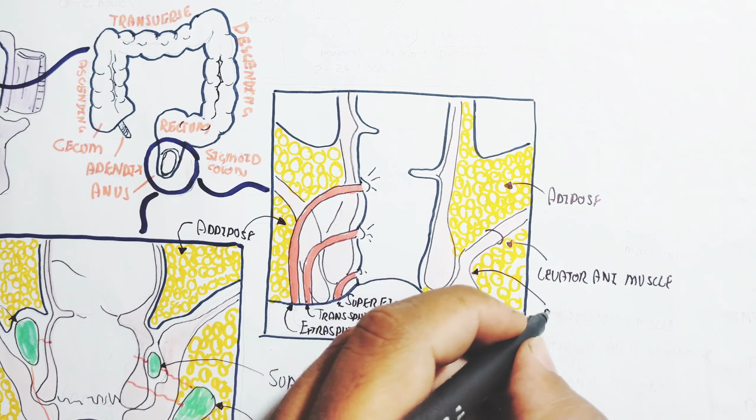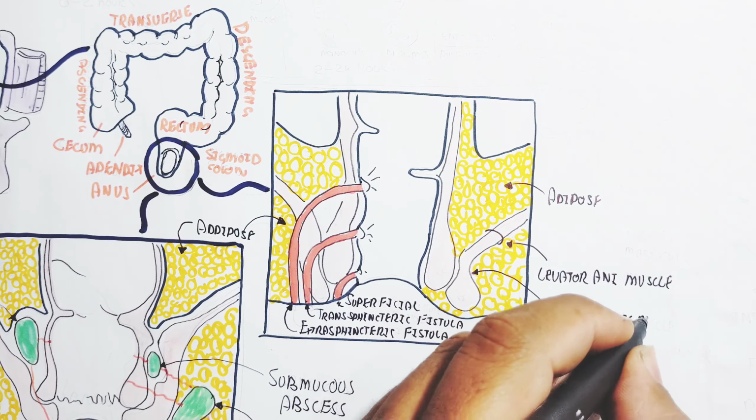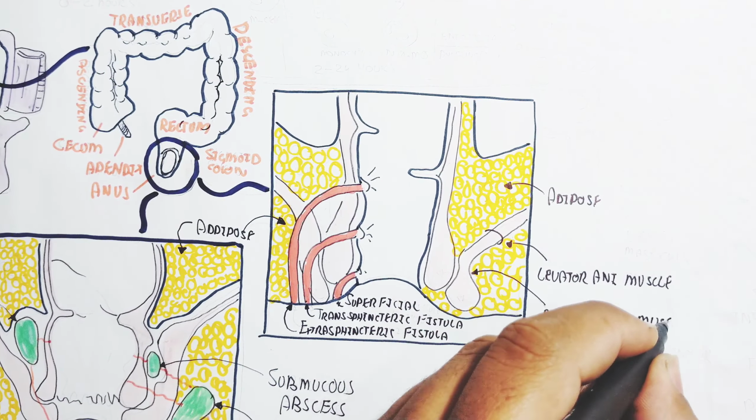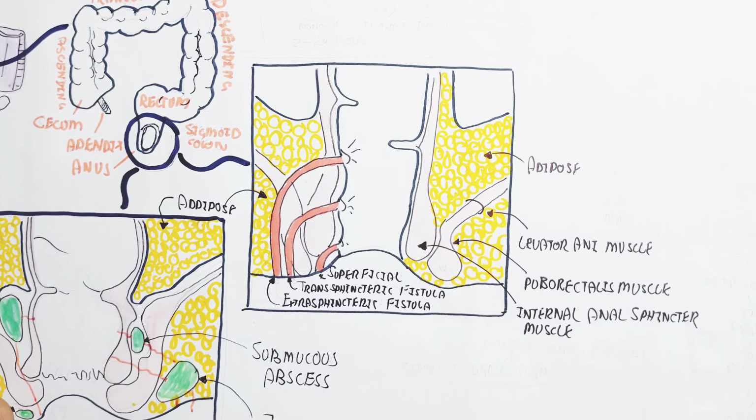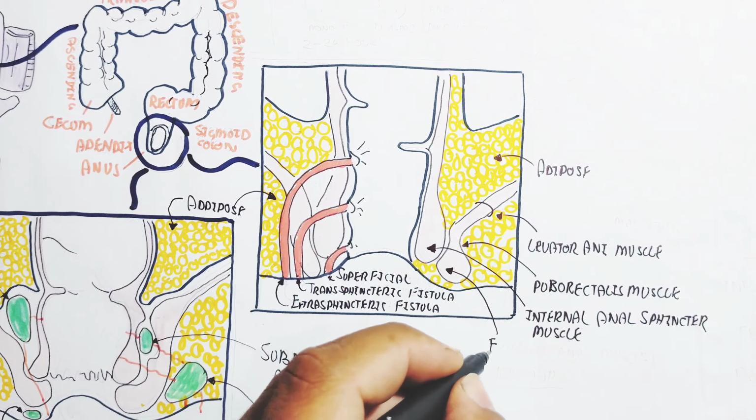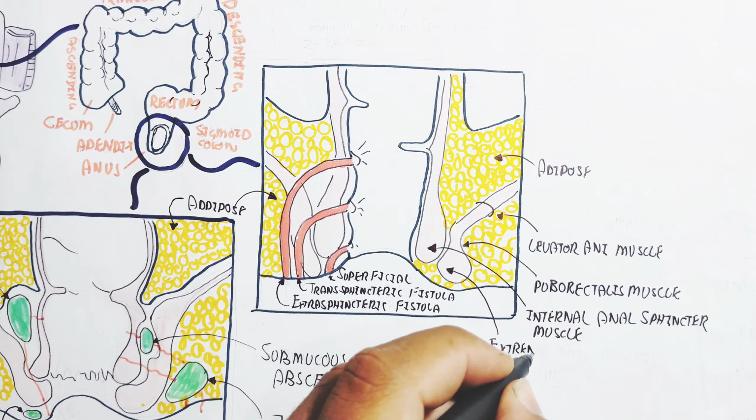Here is the adipose tissue, and this is the levator ani muscle and the puborectalis muscle, and this is the internal anal sphincter muscle and the external anal sphincter muscle. So remember the external anal muscle.